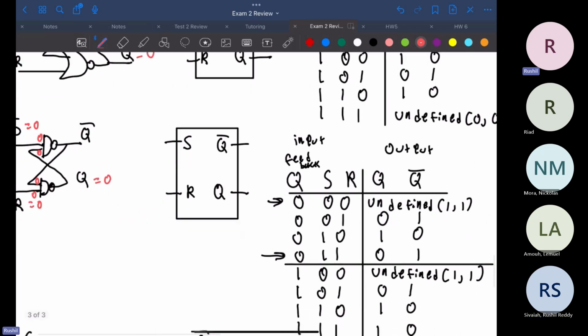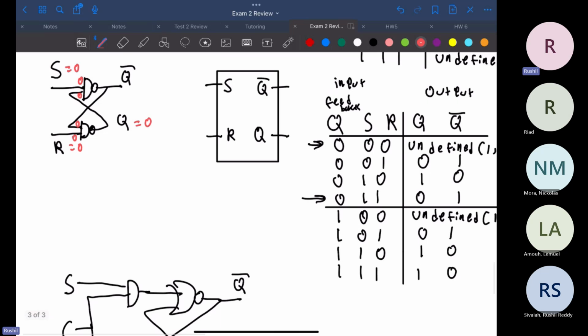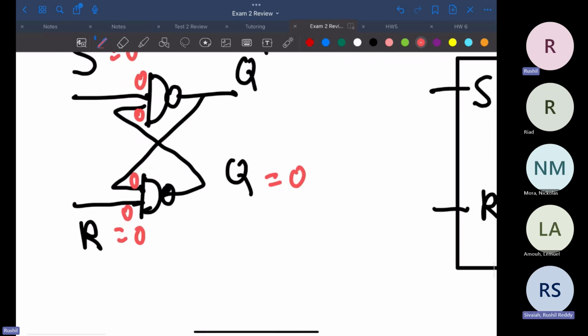Both of these will switch into a 1. So we get a 1 and a 1 here, so we get stuck again. Any questions?